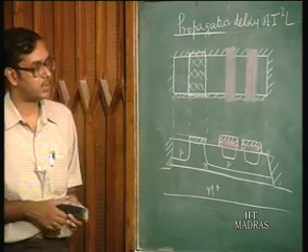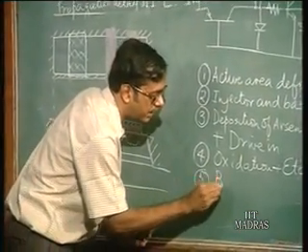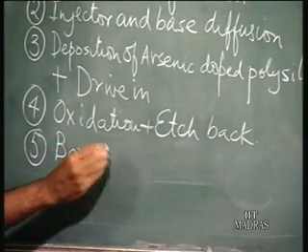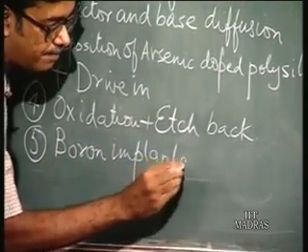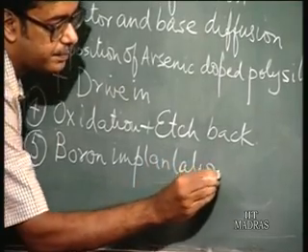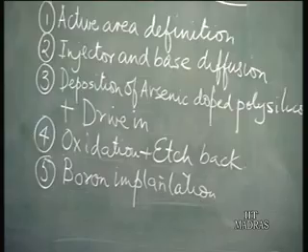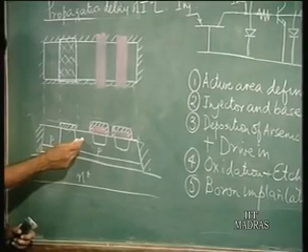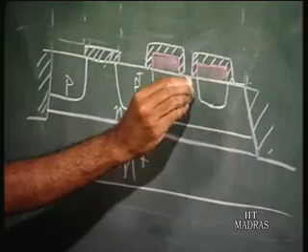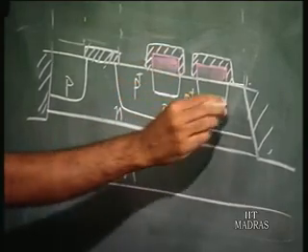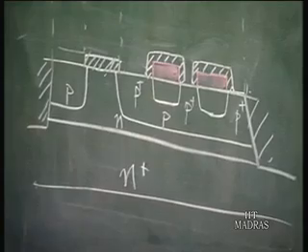Now the next step is that you again do a boron implantation. Boron, you know, is a p type impurity. Once you do that, the exposed regions are made p plus, heavily doped regions.